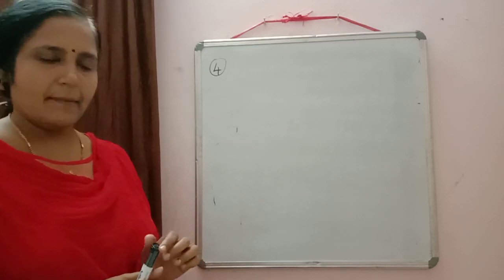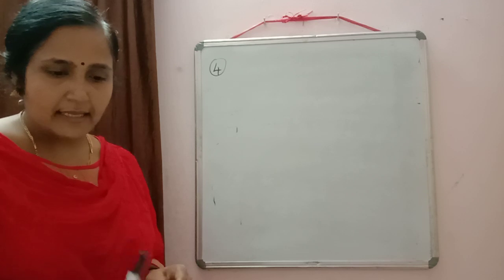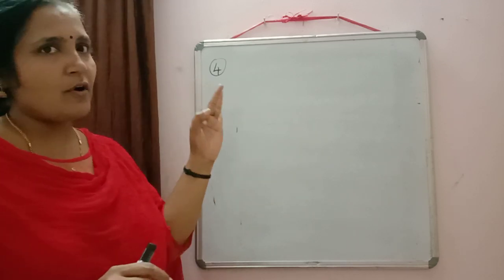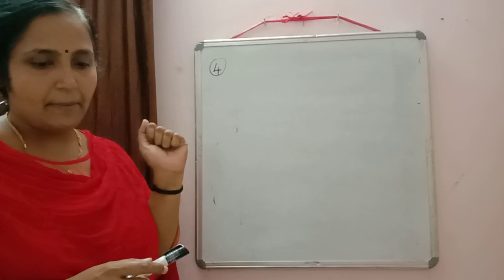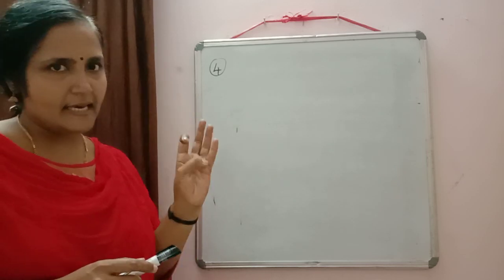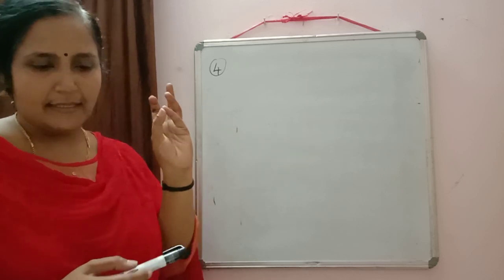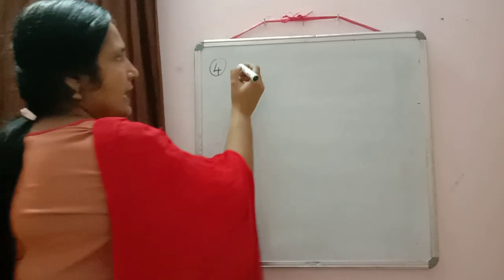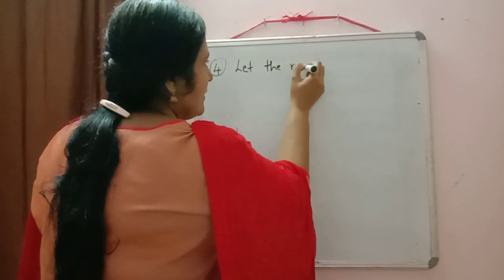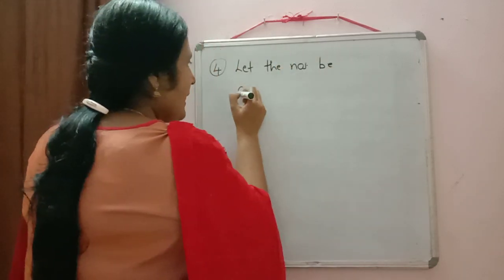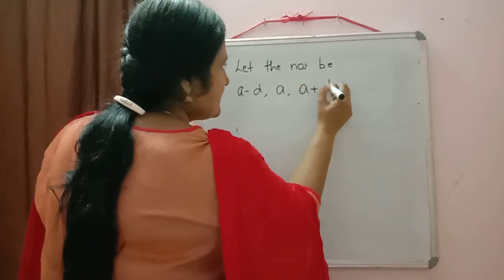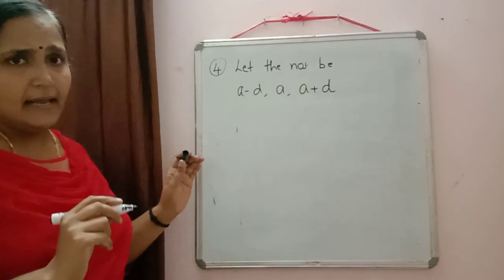Find the numbers. How many numbers are there? 3 numbers are there. So before only we wrote if 3 numbers are there in AP, how we will write down the numbers? Yes, A minus D, A plus D. So write down, let the numbers be A minus D, A and A plus D. 3 numbers are in AP.